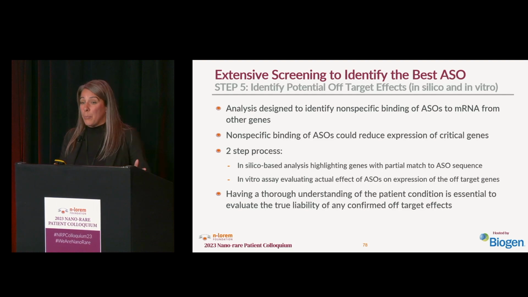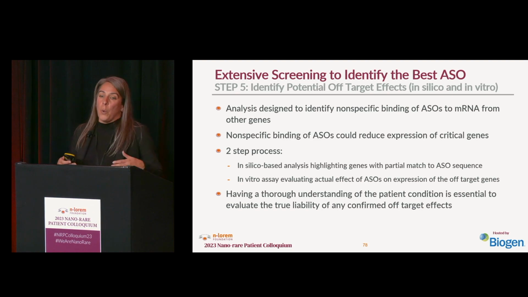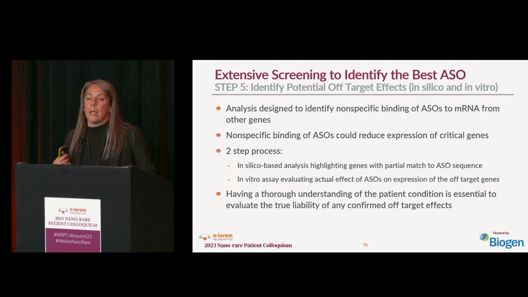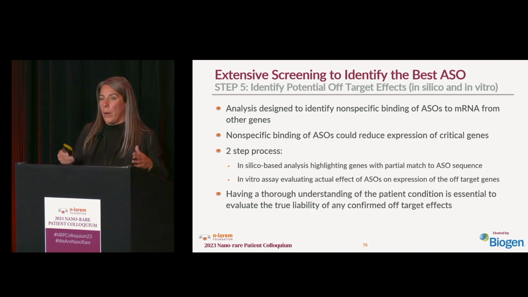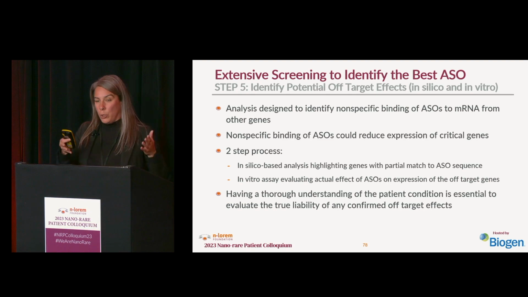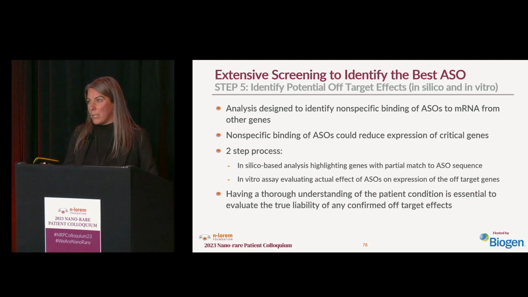So it's a 2-step process where the first part is a computer-based analysis where really we're going to highlight any genes that would have a partial match with the ASO sequence. And then once we have identified those genes, we will run an in vitro assay where we're going to use cells, treat them with our ASO candidates, and then do PCR to evaluate level of expression of those potential off-target genes.